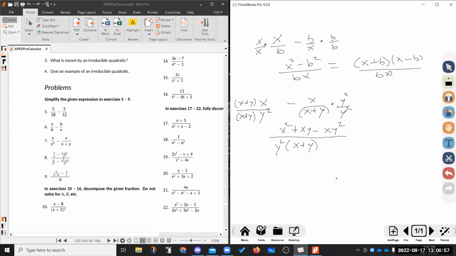And that's it. I'm not going to be able to factor that. And I have a common factor of x, so I will factor that a little bit more. This is x times x plus y minus y squared over y squared times x plus y. There we go. I've proven that there's no common factors that can cancel.